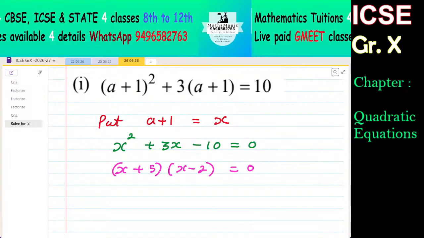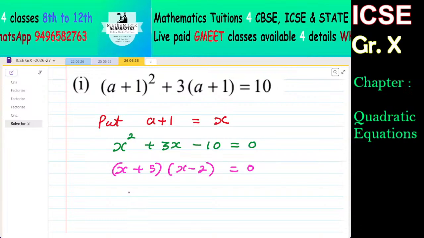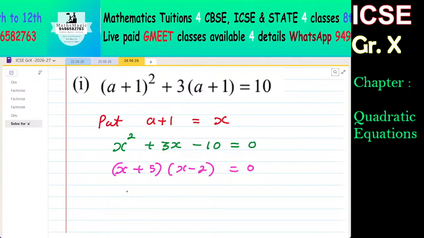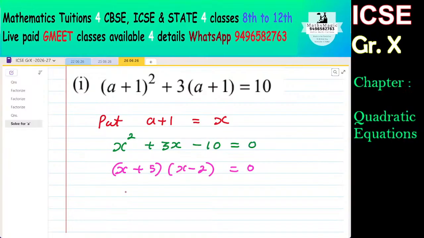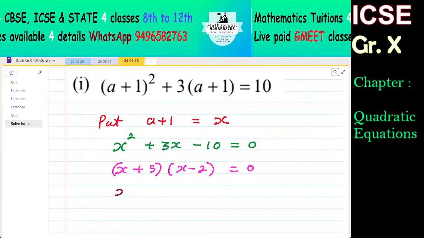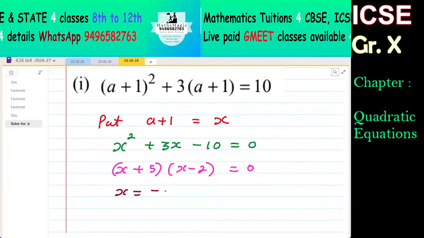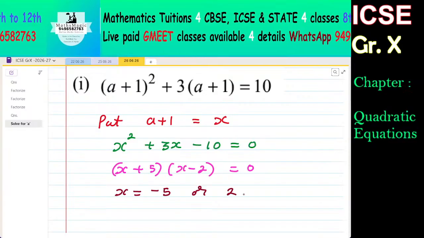If this is okay, we can move ahead to the next step. 5 minus 2 is 3, 5 into negative 2 is negative 10. Okay, fine. So in this case, we'll get x as negative 5 or 2.